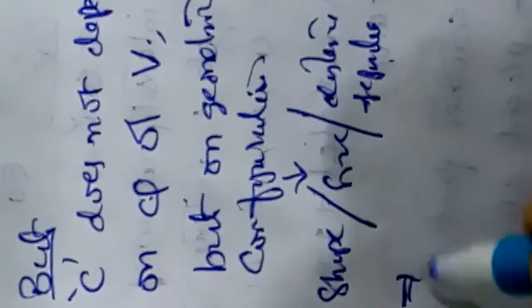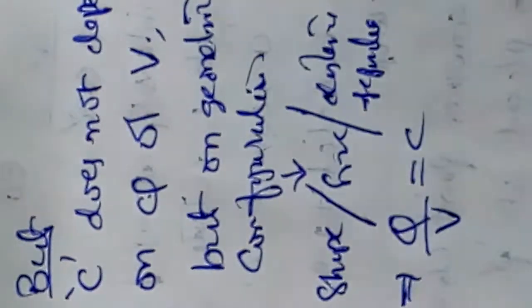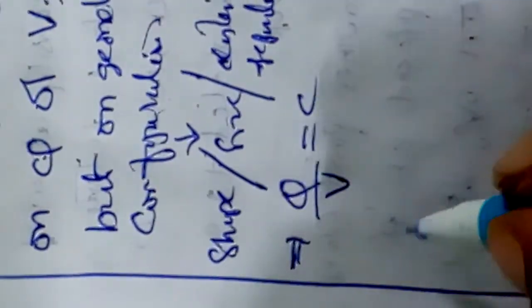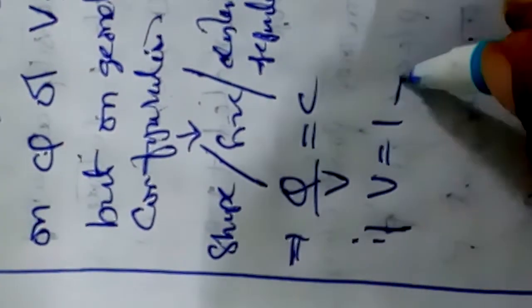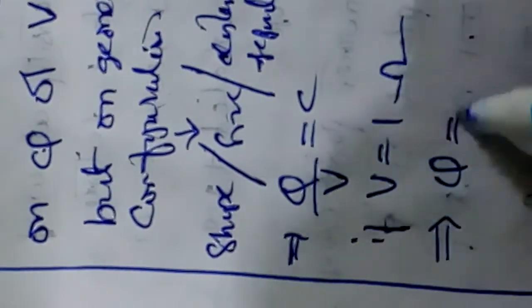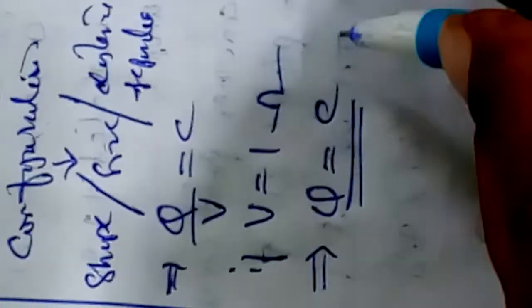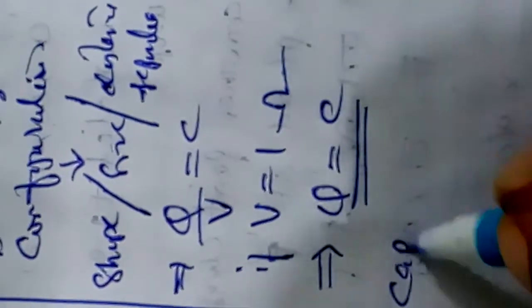So if you take the equation Q by V equal to C, suppose the potential is equal to 1 volt, then automatically Q is equal to C. So therefore you can define capacitance from this.